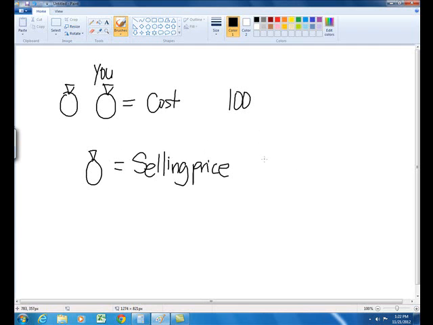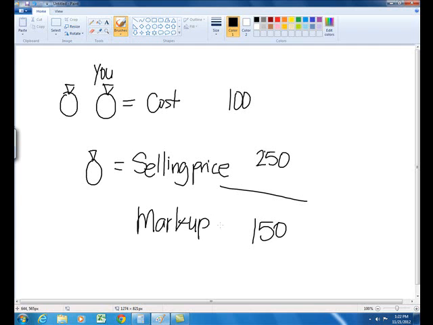Let's say that you chose to sell it at $250. Every time you sold a ring, you would make money because you buy them for $100 and sell them for $250. That means that every time you sell a ring, you make $150. And that $150 is the amount of your markup.